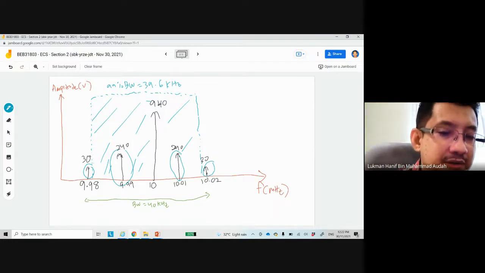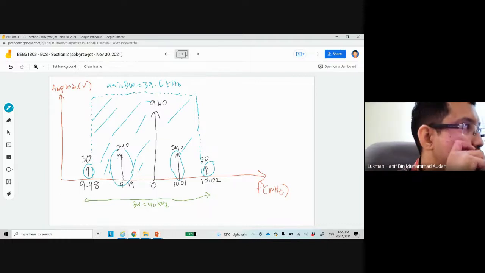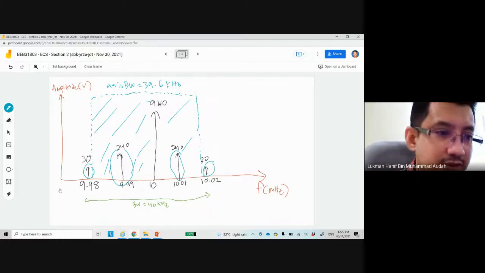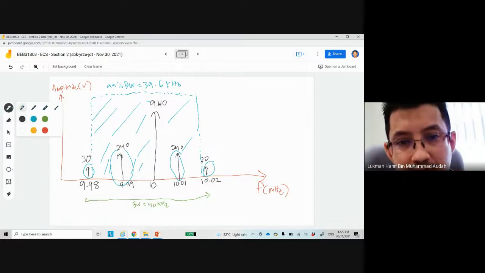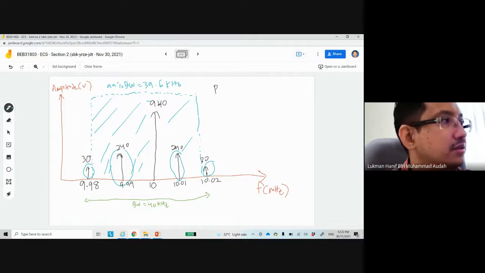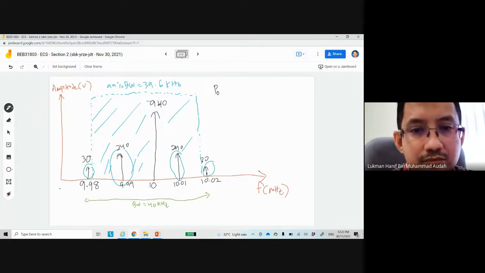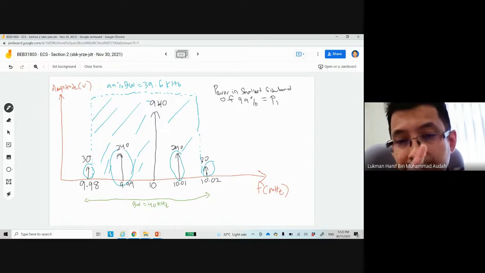Okay, bermakna P smallest, saya tulis jawapannya di sini. P smallest, power in the smallest sideband of 99%, adalah bersamaan dengan equal to P1, power of the first sideband.